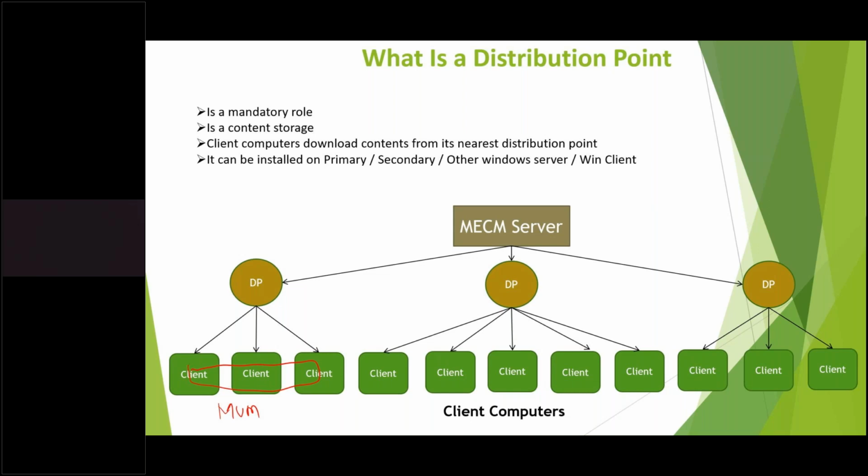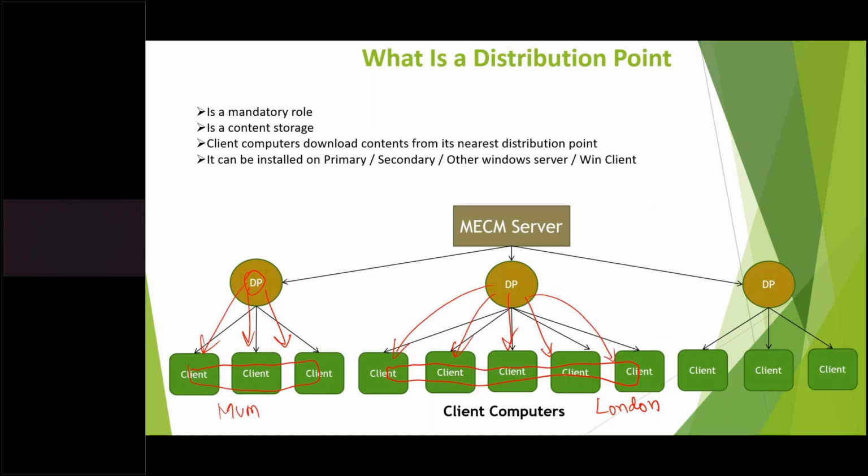So they will download the content from the Mumbai distribution point. For example, 2000 machines are in London and they need to download the content. From where will they download? They will download from the London distribution point. The distribution point is like a file storage, okay?